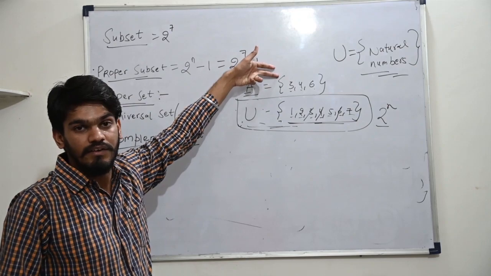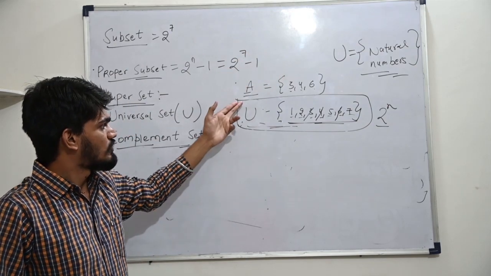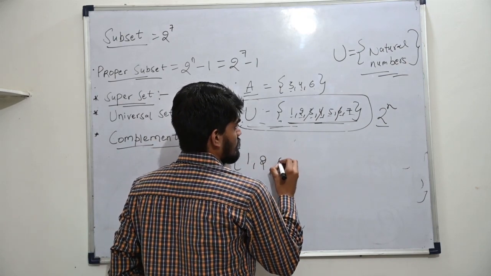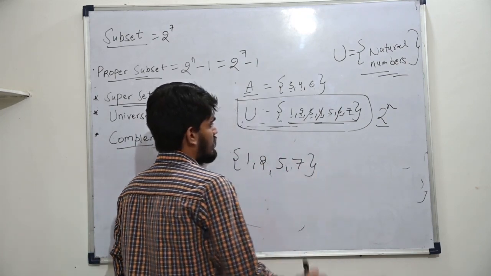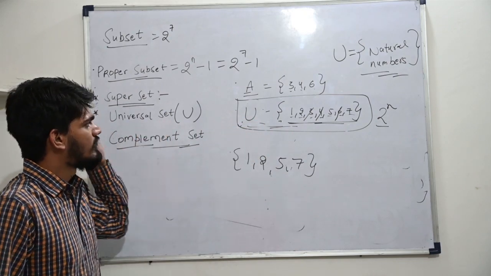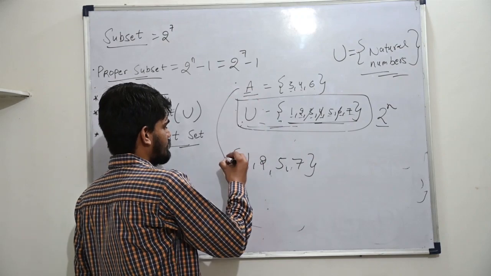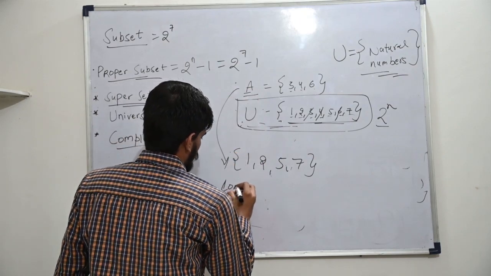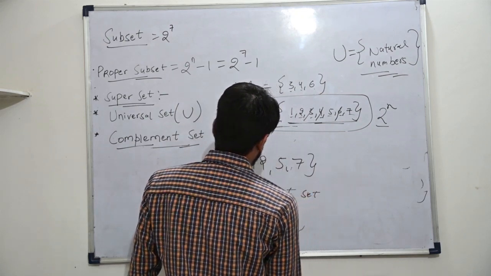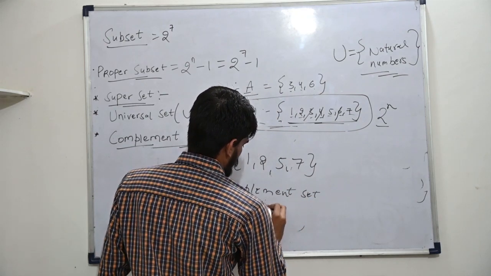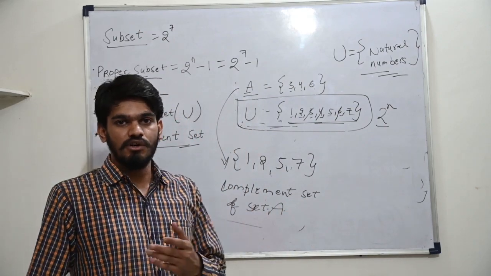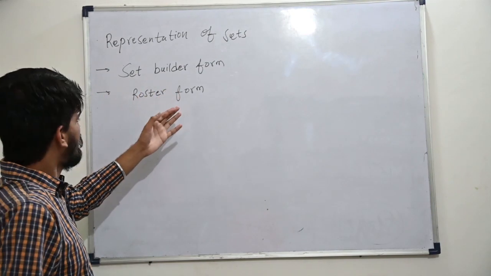Because they are present in set A. So 1, 2, 5, 7 will be known as the complement set of set A. Alright.